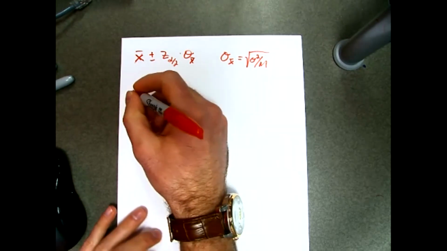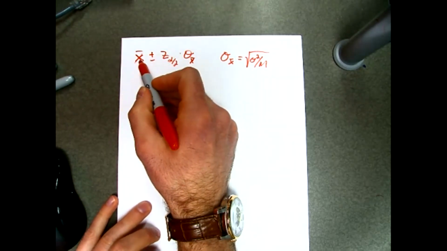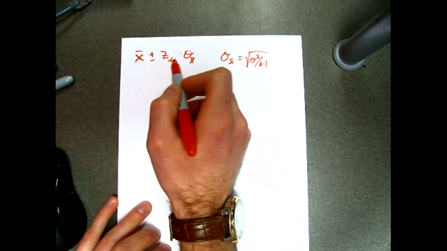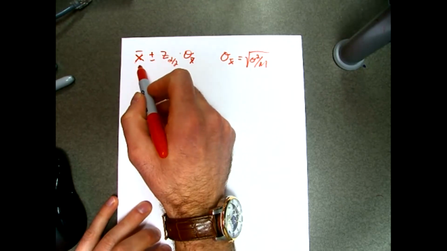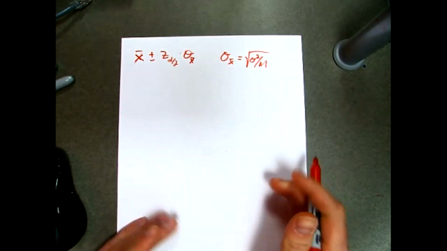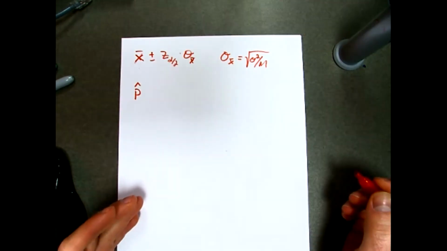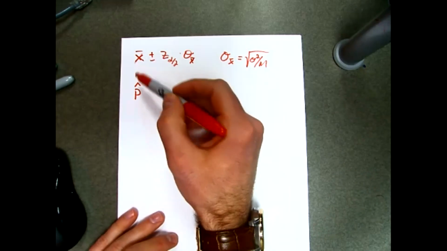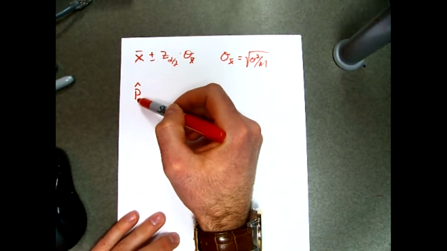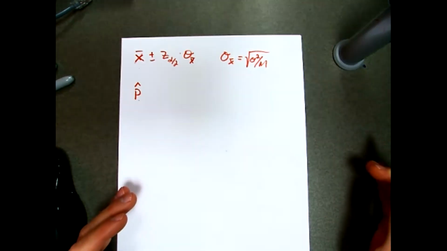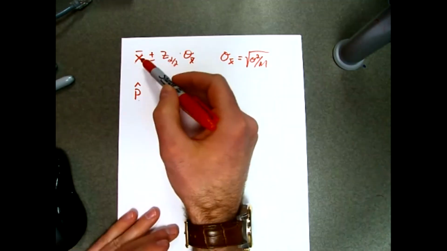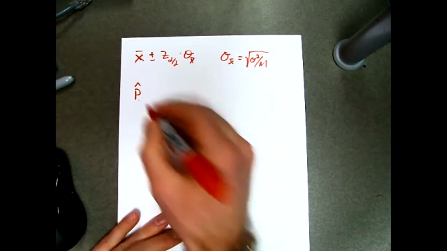So our sample proportions, this was our confidence interval for a population mean. So we built it around our sample mean. Well, if I want to build a confidence interval for a population proportion, I'm going to build it around my sample proportion, right? So it's just whatever sample statistic that I have relative to what the population parameter that I'm interested in. And now instead of the mean, I'm interested in the proportion.